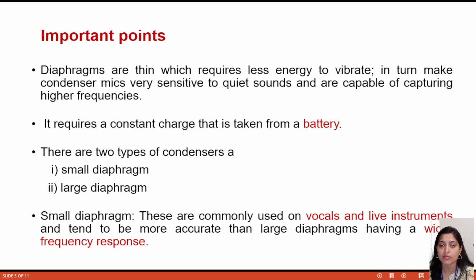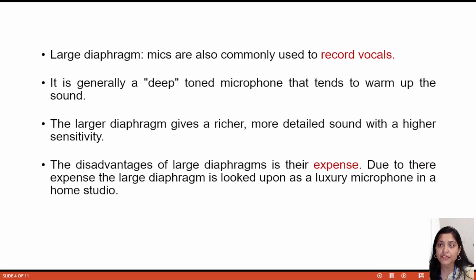In the case of condenser, two types of diaphragms are there: small diaphragm and large diaphragm. The small diaphragm is very useful for vocals and live instruments and tends to be more accurate than the large diaphragm, having a wider frequency response. The large diaphragm is basically used for recording vocals.